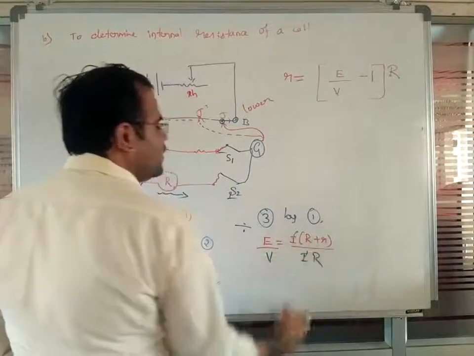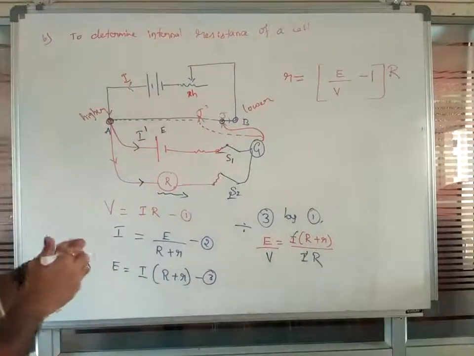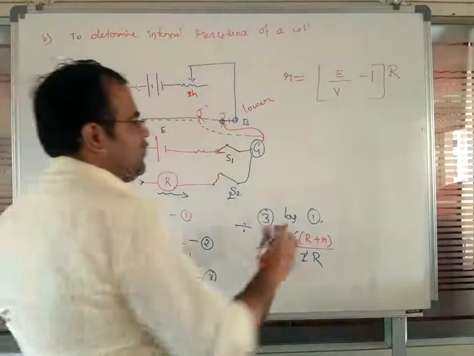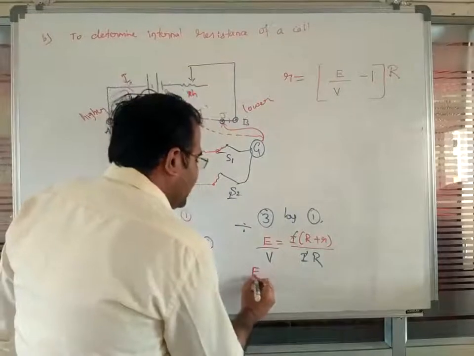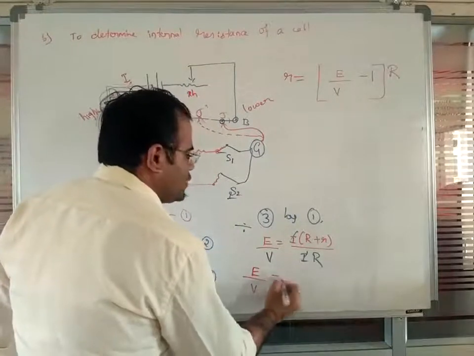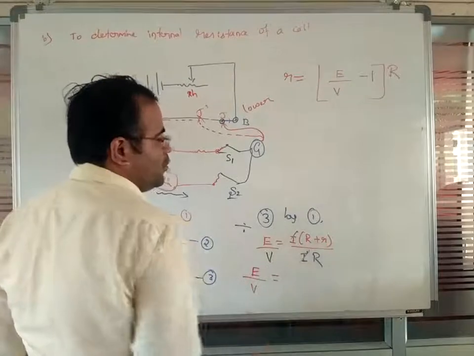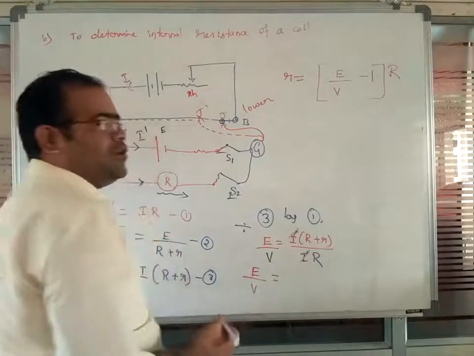So here I and I get cancelled. After cancelling the terms, we can write E divided by V is equal to, we take the numerator terms and divide by the denominator terms.